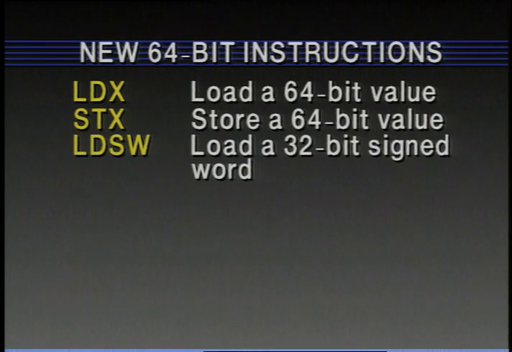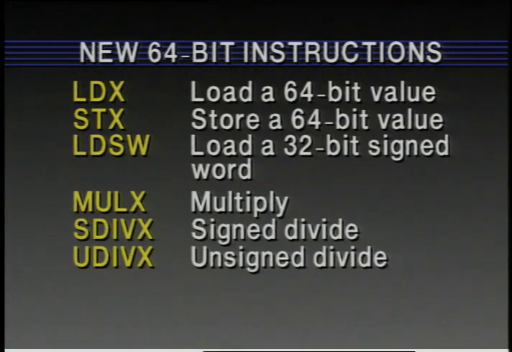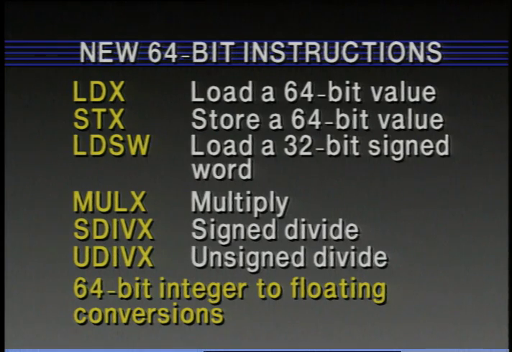Well, it turns out it doesn't really matter, but you're going to need one of each kind. So we picked the previously existing 32-bit load to be an unsigned load, and we've added a new instruction for a 32-bit signed load. We've also added a full 64-bit multiply, signed divide, and unsigned divide instructions. And we've also added 64-bit integer to floating point conversion instructions.